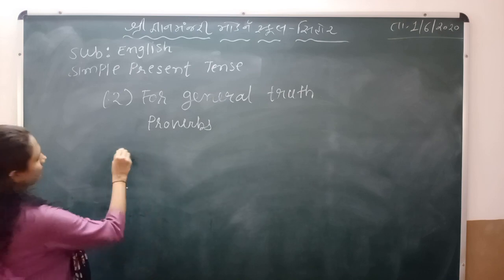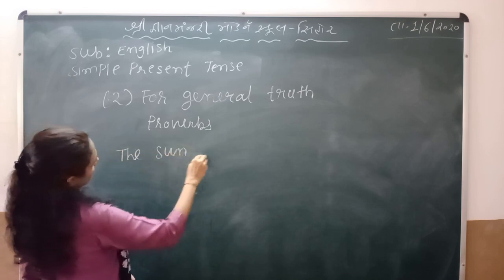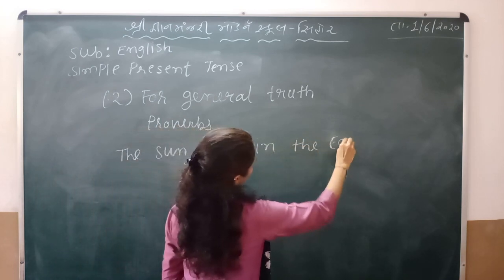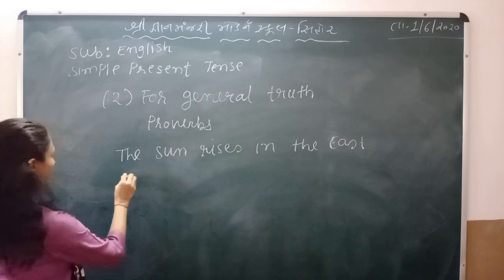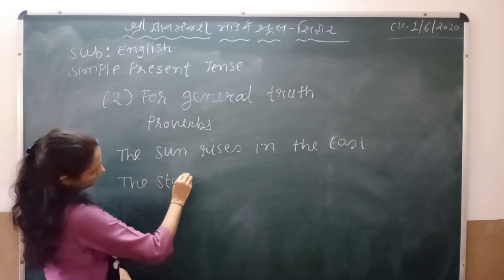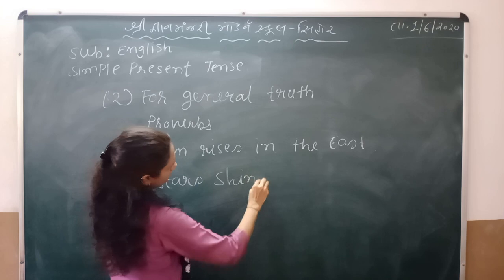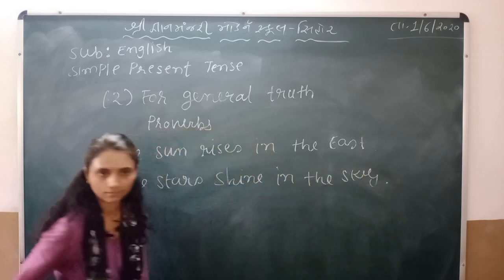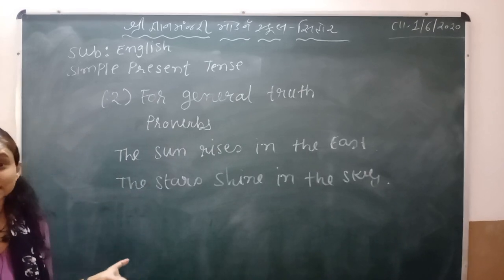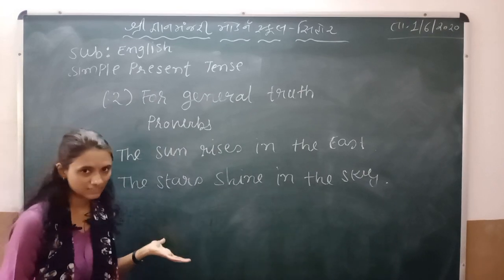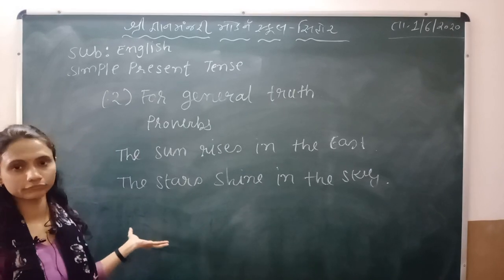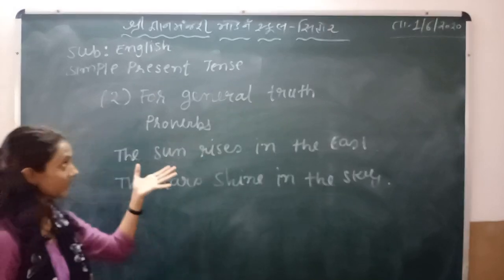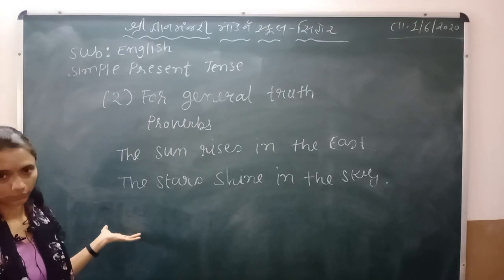It means the sun rises in the east, the stars shine in the sky. So these are general truths, or you can say eternal truths. We can't change anything in this kind of truth. So we can use simple present tense to describe general truth.